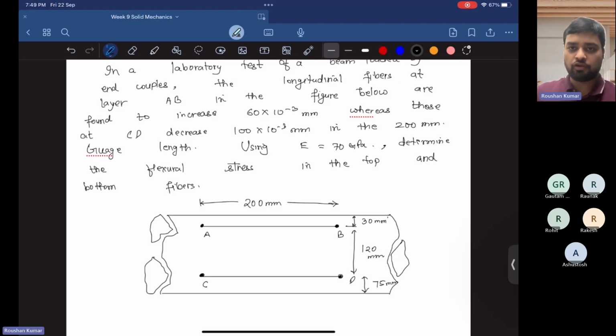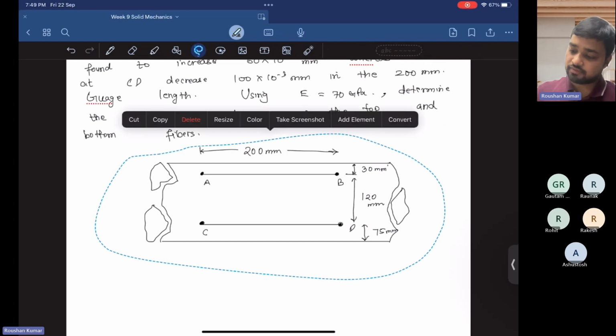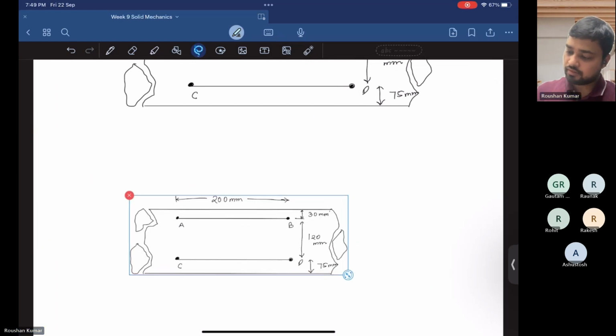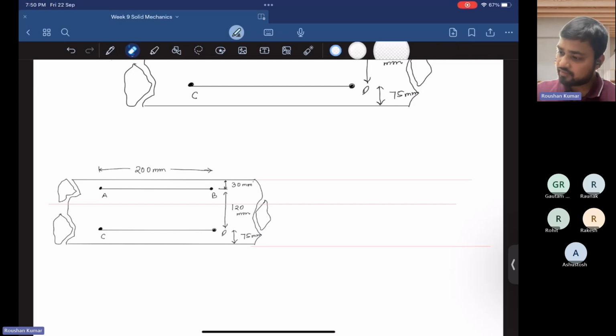So we are assuming that the cross section is not symmetrical, and that's why the neutral axis does not pass through the centroid of the cross section. So we are assuming here that the neutral axis lies somewhere here.